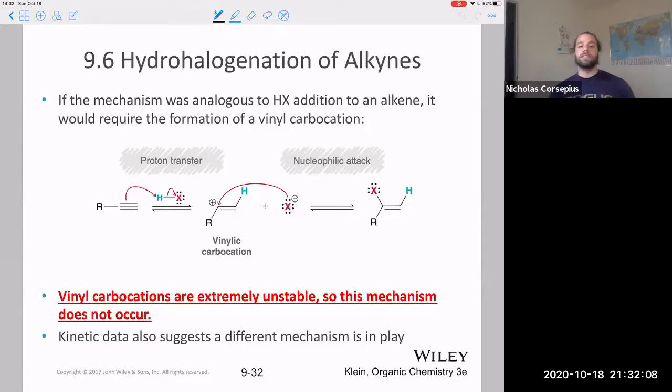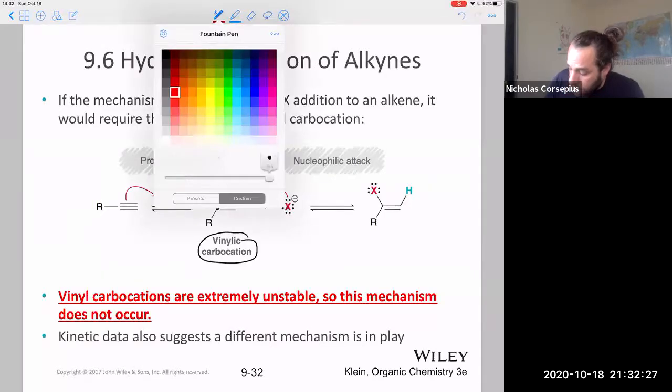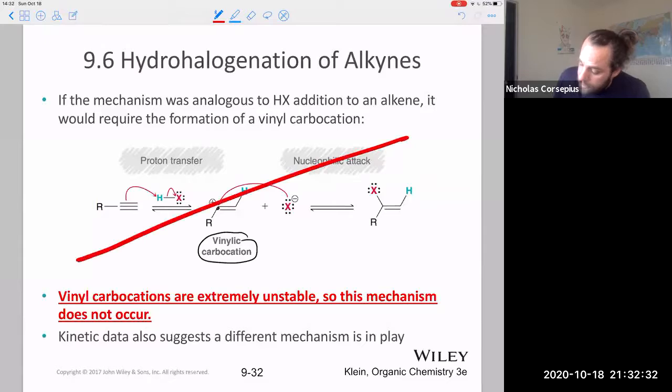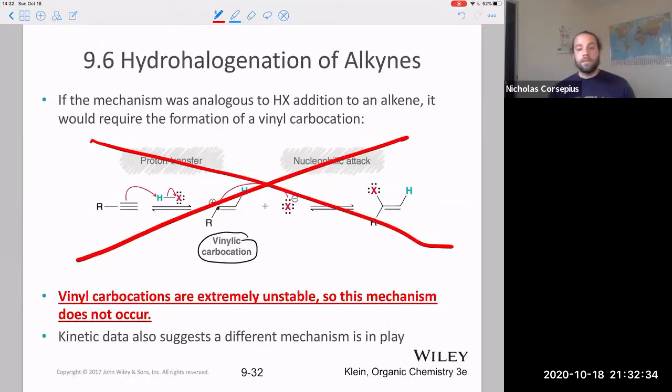So you might be tempted to think that there's going to be an analogous reaction mechanism for alkynes. This would require, though, the formation of a vinylic carbocation, or a carbocation that's on that sp2 hybridized vinyl carbon. And vinyl carbocations are extremely unstable. So this is not our mechanism. Very important: no vinyl carbocations will ever be formed.